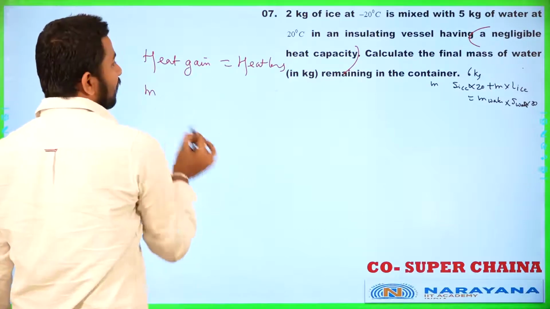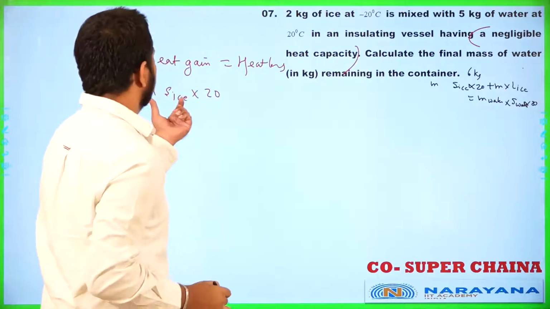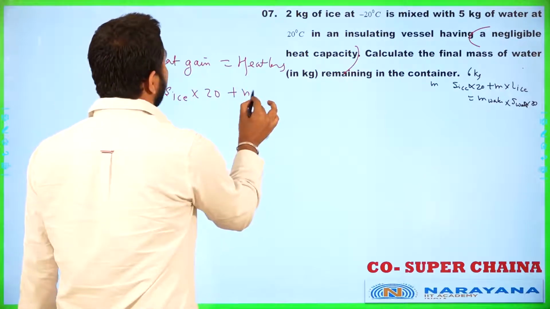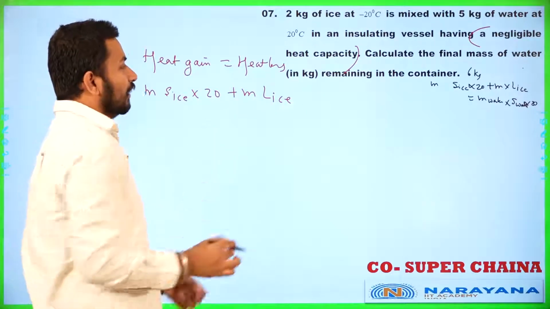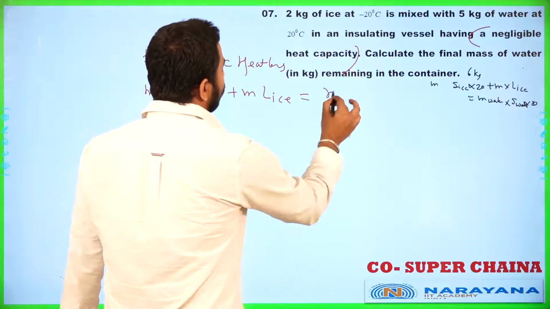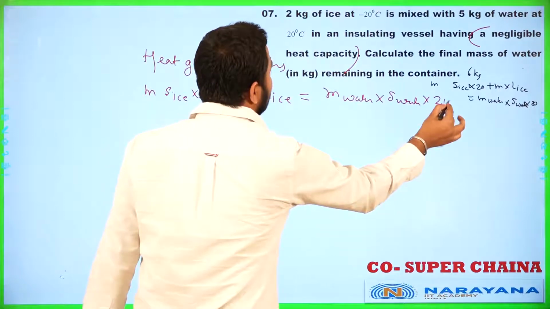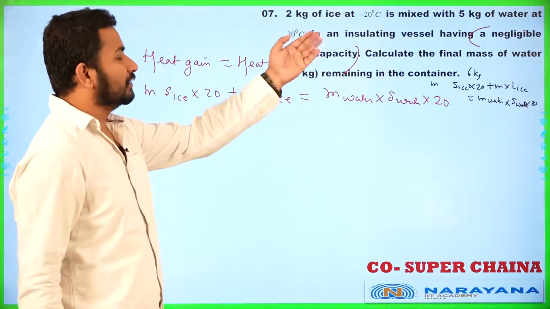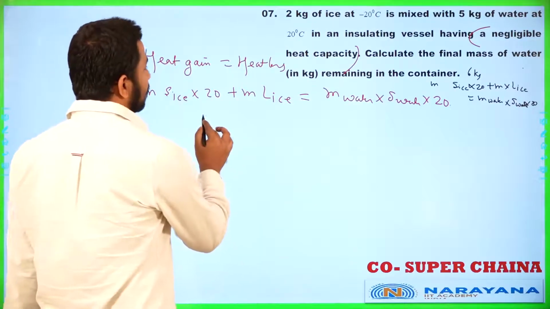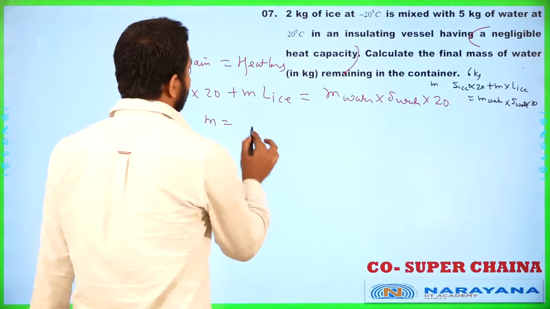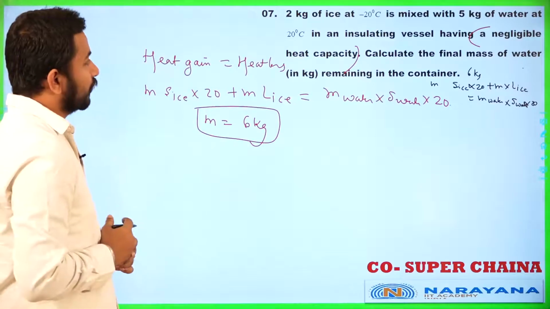So if I write here for ice, this will be my L ice, that will be the change of state, which will be the heat required here, and this should be equal to M water, S water, and what will be the delta T here, 20, right? It is given here that the change should be 20 here. So when you simplify this, what will be the mass remaining in this one? So mass remaining will be coming as 6 kg, and that will be the answer for this question, student.